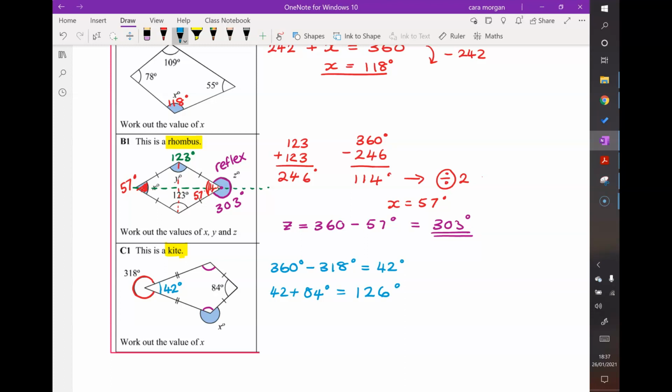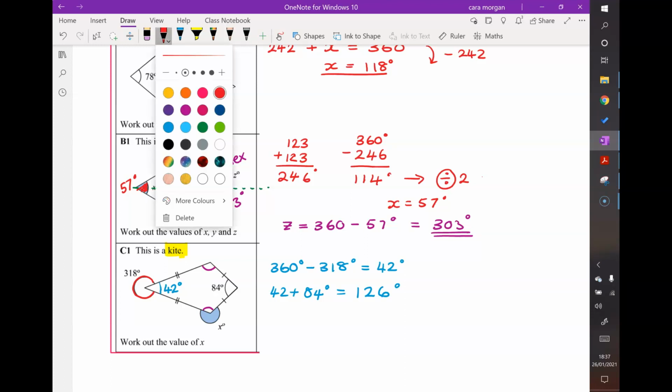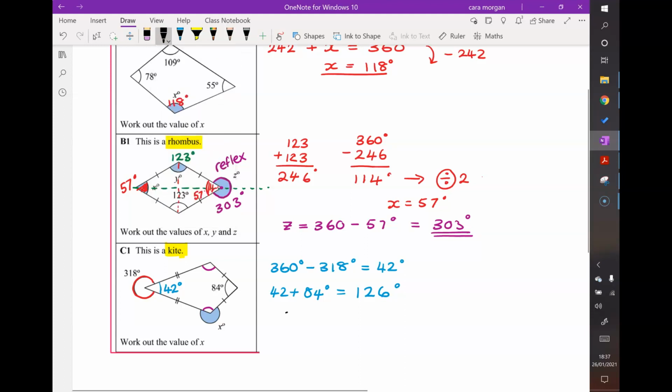Now, because all of the angles in my quadrilateral total 360 degrees, I'm going to do 360 degrees, subtract 126 degrees, and that's going to tell me what's left, which is 234 degrees. I'm now going to split that between two angles that are the same. And if I do that, I'm going to get 100, and half of 34 is 17. So I think I'm going to get 117 degrees for each of those angles.